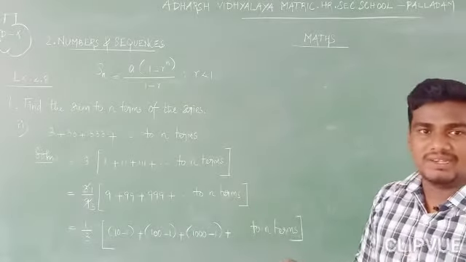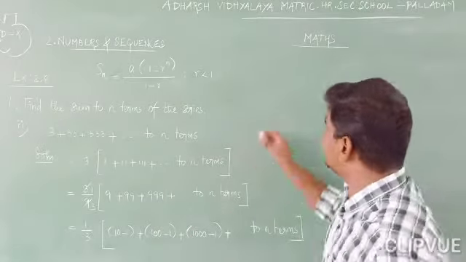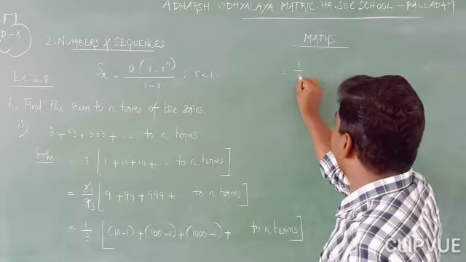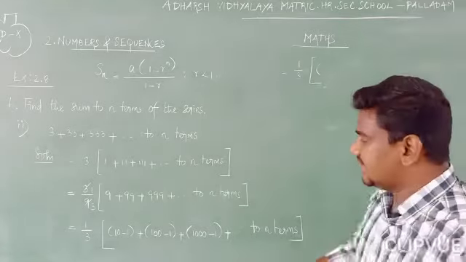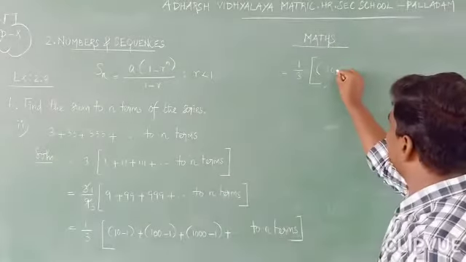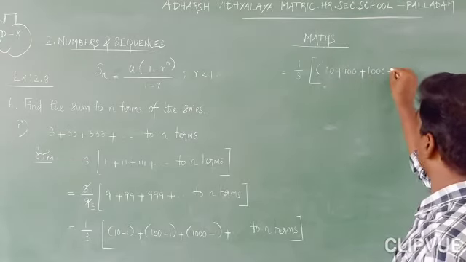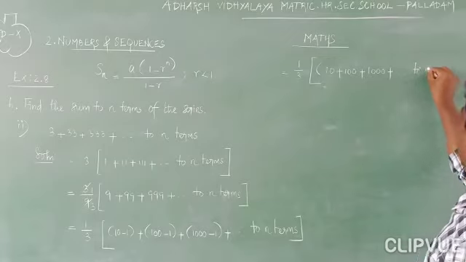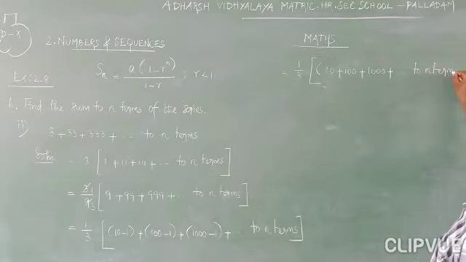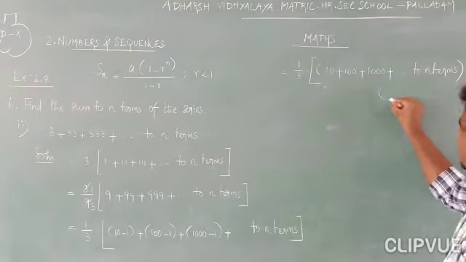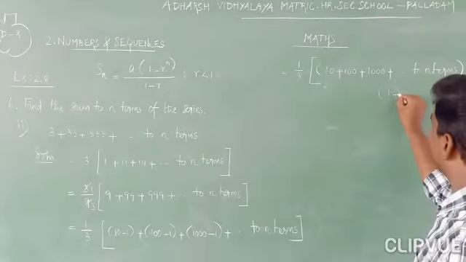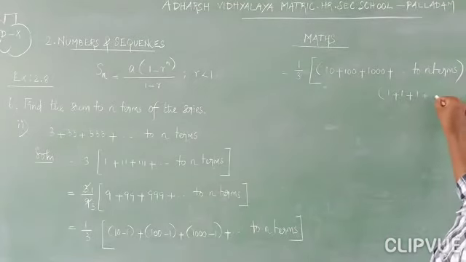So we are going to split the series into two series. First, 1 by 3 into first series 10 plus 100 plus 1000 and so on to n terms. Second one, 1 plus 1 plus 1 and so on to n terms.